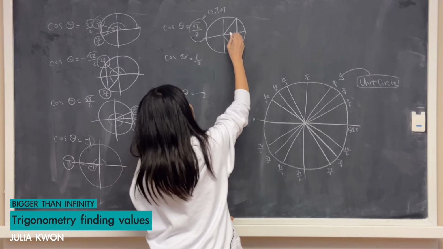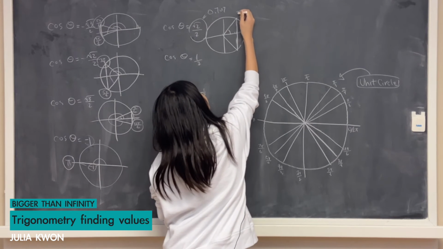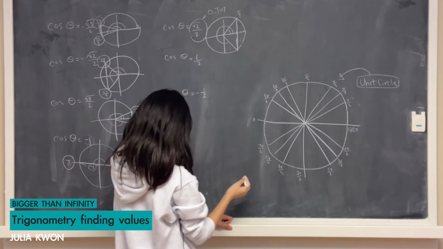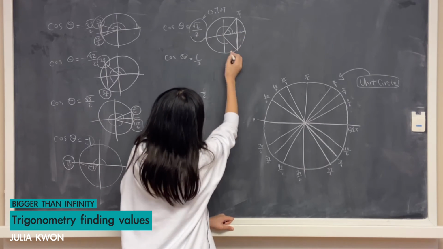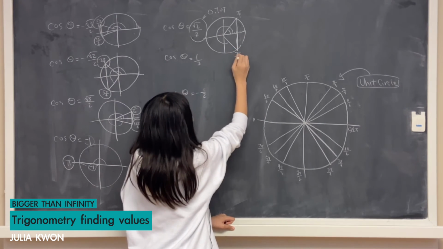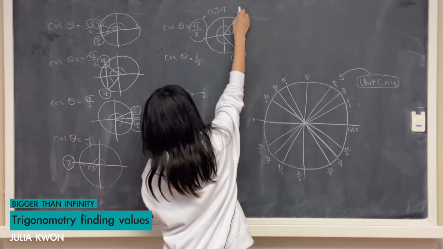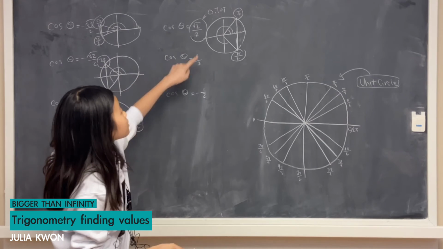And so this radian is pi over 4, and this radian here is 7 pi over 4. So these two are the radians for this theta in this equation.